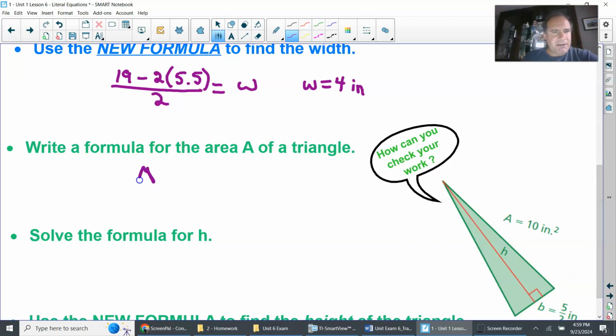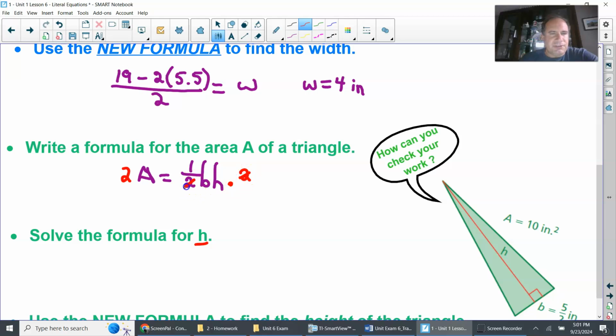Write a formula for area. Area of a triangle equals half the base times the height. Okay, so if you wanted to solve this for the height, which is what they want you to do, you basically want to get rid of that fraction. So we're going to multiply by 2 on both sides.